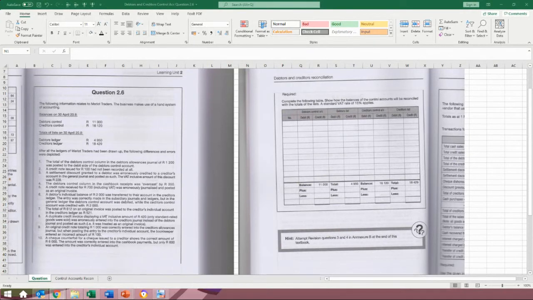Normally, when we capture our debtors allowance journal to our debtors control account, which side of the control account would you post it to?